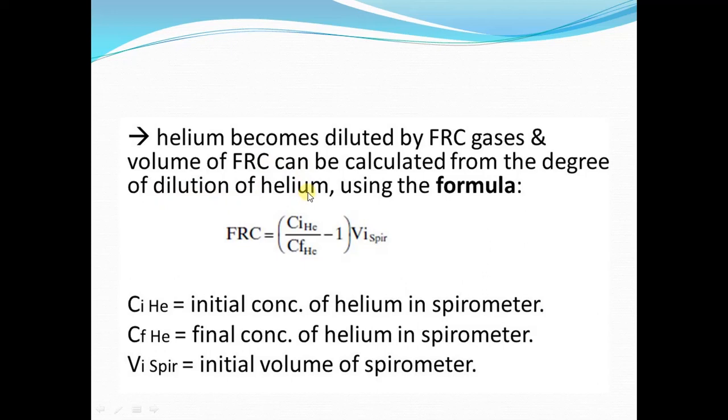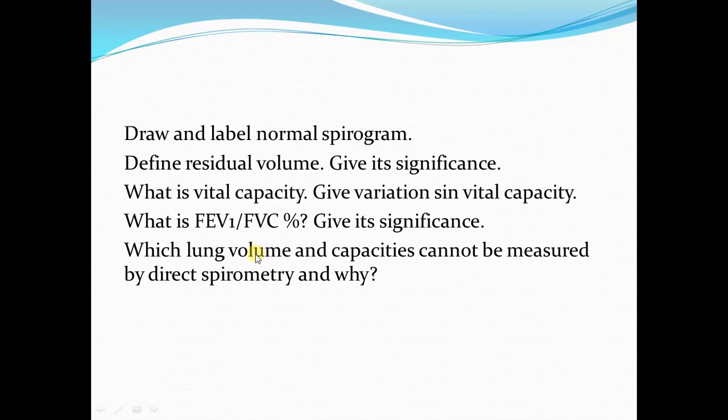The formula which is used is FRC, which stands for functional residual capacity, is equal to initial concentration of helium divided by final concentration of helium minus 1, multiplied by initial volume of the spirometer. So by putting the values in this formula, we can calculate the functional residual capacity.